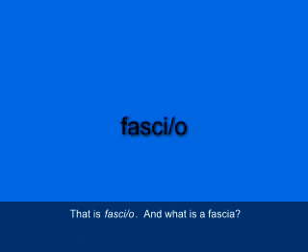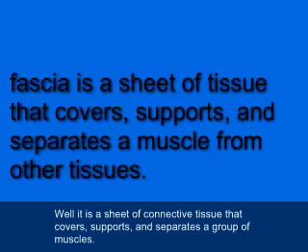Well, what is the word part that refers to fascia? Well, that's fascio. And what is a fascia? Well, it's a sheet of connective tissue that covers, supports, or separates groups of muscles.